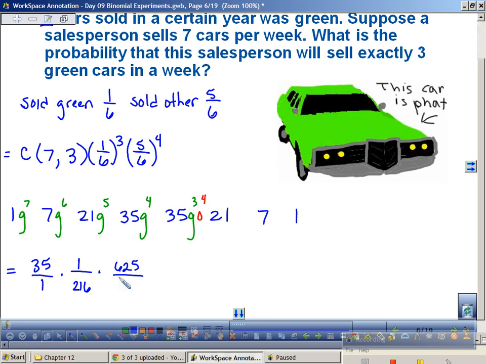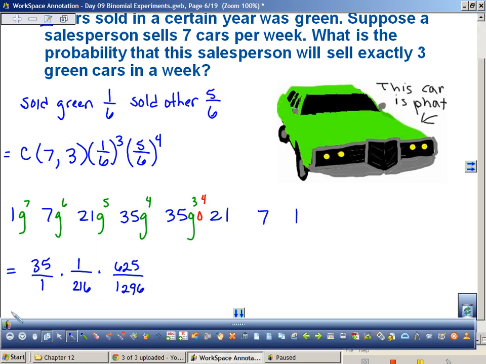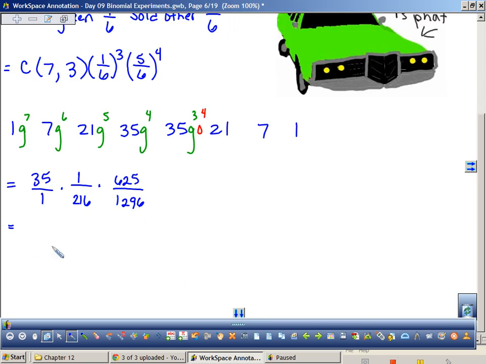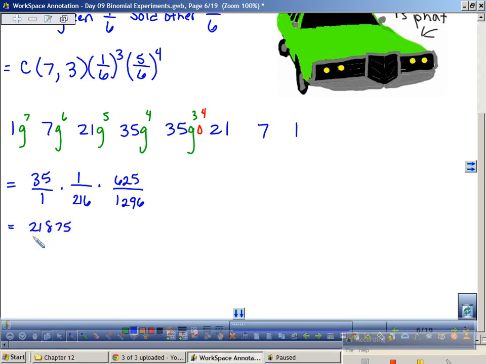What's 6 to the 4th? 1296. Equals 21875 over 279936, or 7.8%.